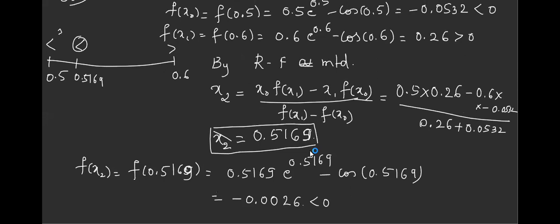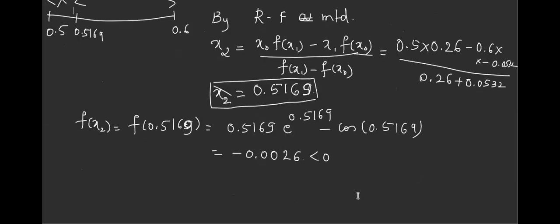So shall I take the first interval or the second one? Second one, because here you can have a positive. So this interval should be left out. Same property every time. So just write the conclusion.